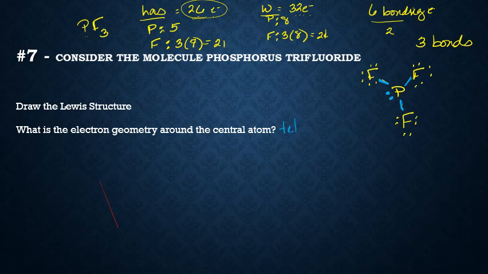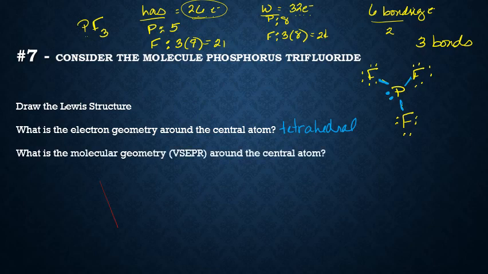That means it's tetrahedral. The molecular geometry around the central atom: whenever you have a lone pair and 3 bonds, the shape is always going to be trigonal pyramidal.